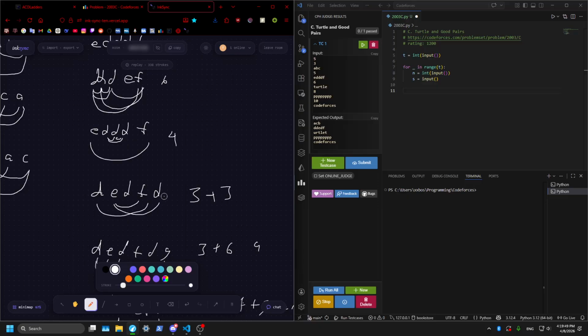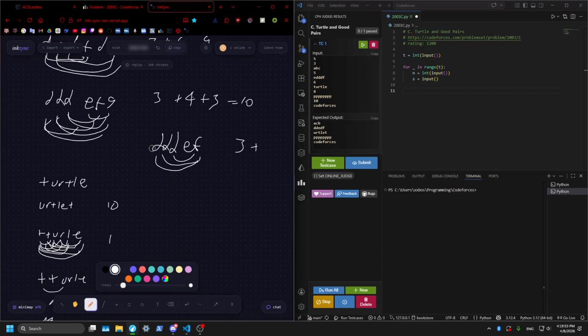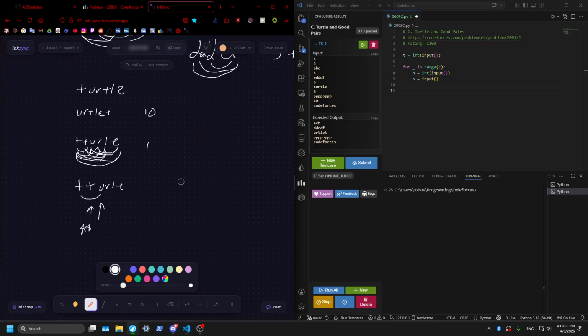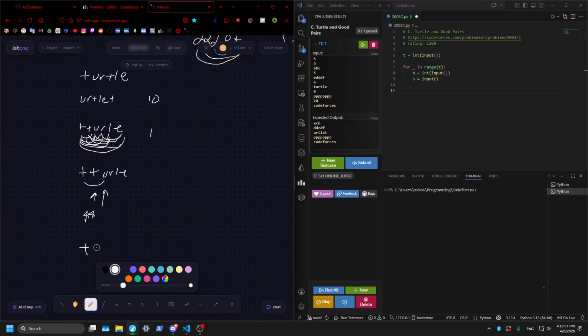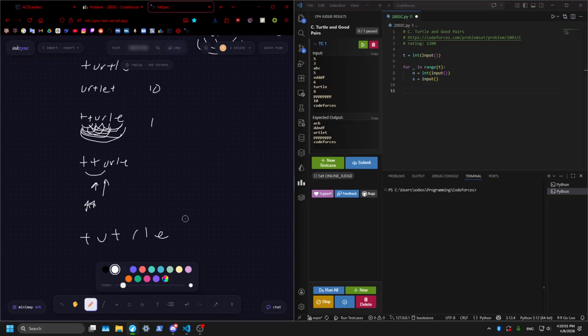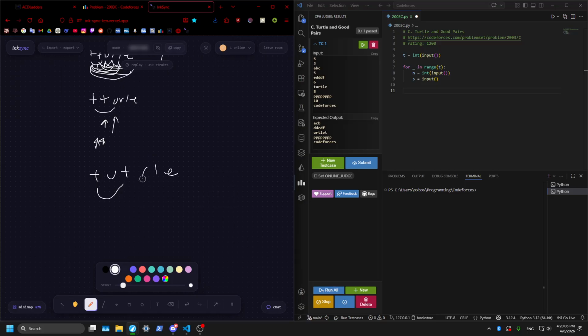So now I'm back to this theory, where you just intertwine them. This one, you want to do TUT, RLE. If you have repeating letters, you should just intertwine them, because now you get this value at least. You'll never have adjacents.